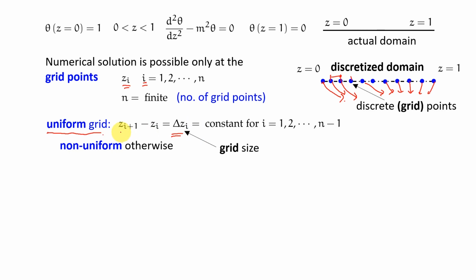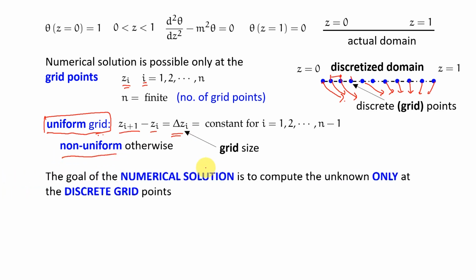So zi plus 1 minus zi, which is delta zi, could vary over the domain. But if I keep it constant for all i's, then we call this grid a uniform grid. On the other hand, if at least one point this delta z varies, then it becomes a non-uniform grid.